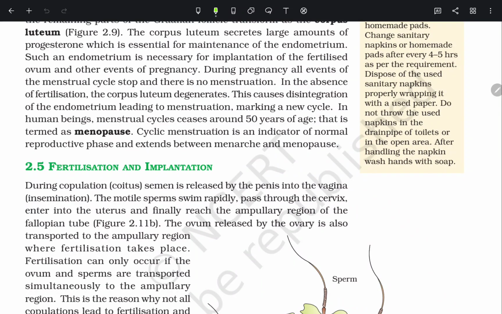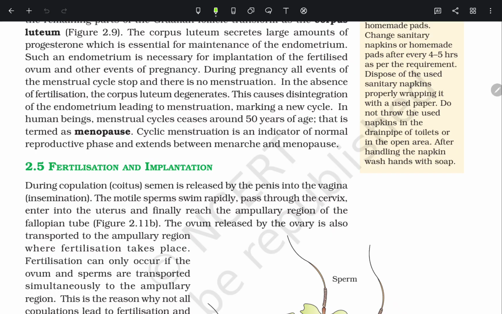Such an endometrium is necessary for implantation of the fertilized ovum and other events of pregnancy. During pregnancy, all events of the menstrual cycle stop and there is no menstruation. In the absence of fertilization, the corpus luteum degenerates. This causes disintegration of the endometrium, leading to menstruation, making a new cycle.